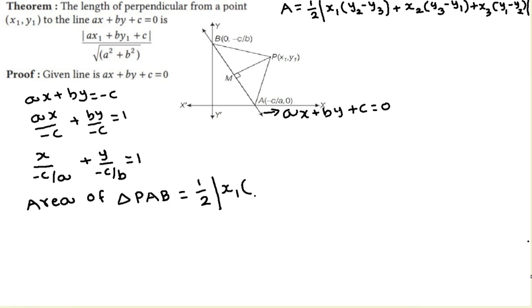Here y2 is 0 minus y3, minus c by b, plus x2. The value of x2 is minus c by a, times (y3 minus y1). y3 is minus c by b minus y1.